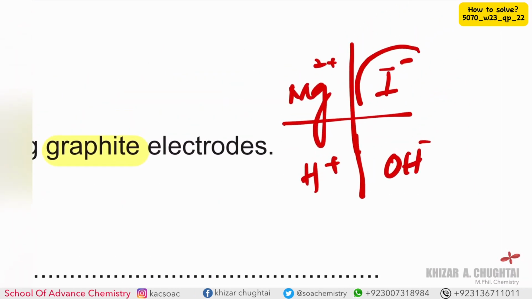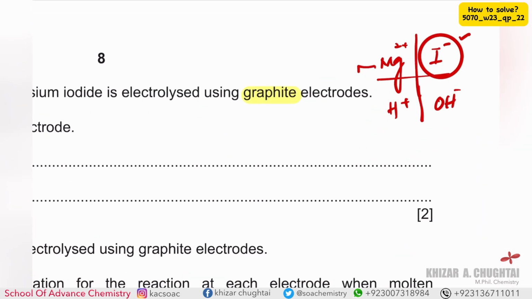It will move towards the anode. And as far as the positive ions are concerned, H positive ion is the winner ion. So H positive ion will go towards the cathode and change itself into hydrogen gas, because hydrogen is a less reactive element than magnesium.